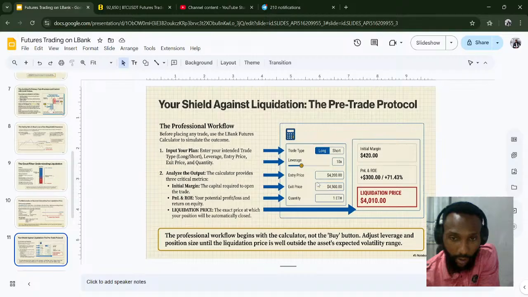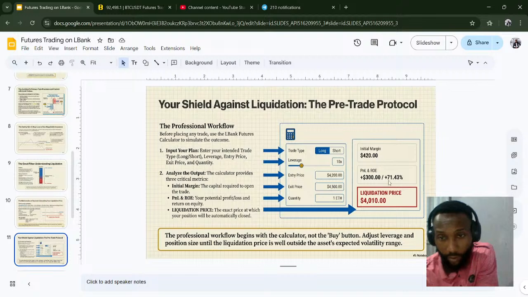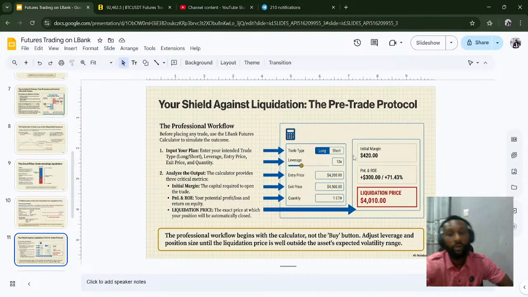Your entry price is $4,200, your exit price is $4,500, quantity 1. Initial margin is $420. P&L is $300, and you can see the liquidation price and all that. Don't worry, I'll show you better on the LBank platform.